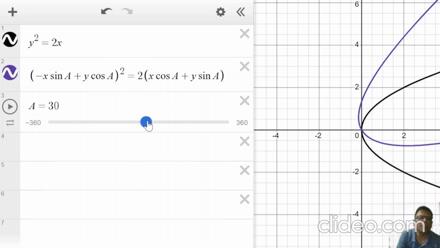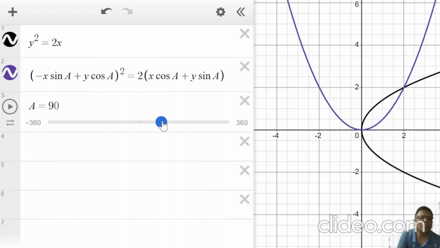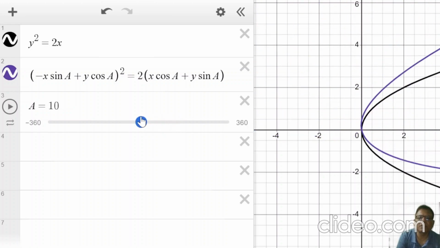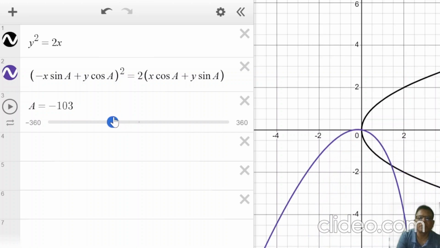So if you put the value 90, then it will simply be x square is equal to 2y. So like that. If you want to rotate in the clockwise direction, then you have to replace a with minus a.